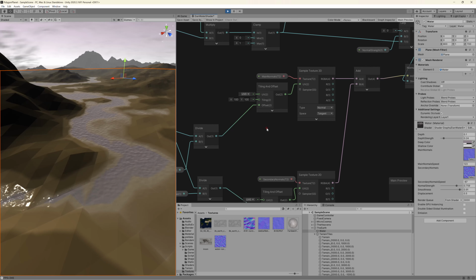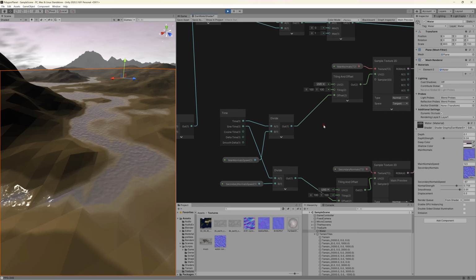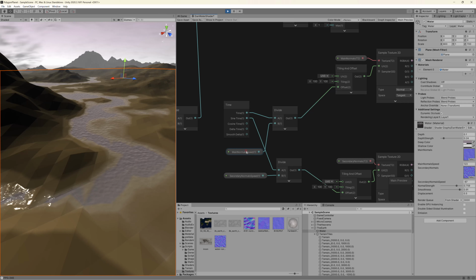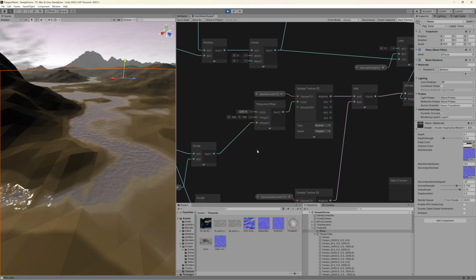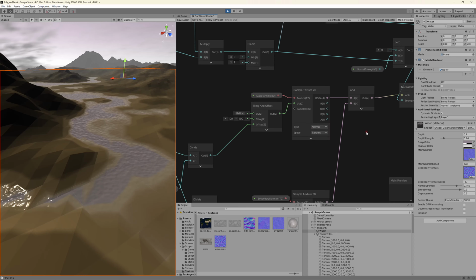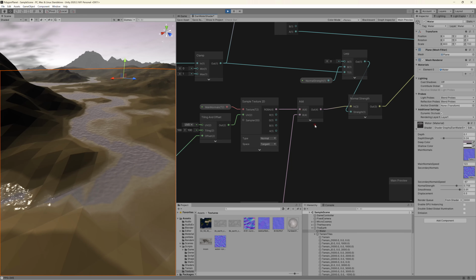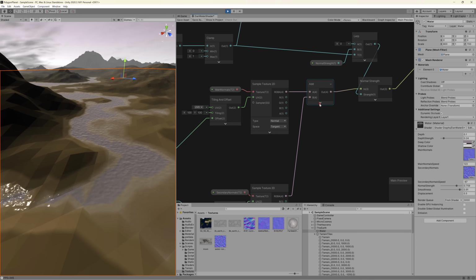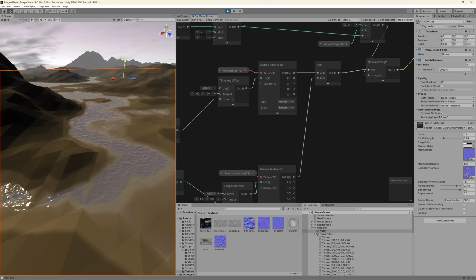The speed factor, where's that coming in? Here, main normal speed, 123. So we're dividing time by 123 and using that as our offset position in our texture map here, and then that sample goes through here, and we combine it with this texture map, which is what this addition is about.